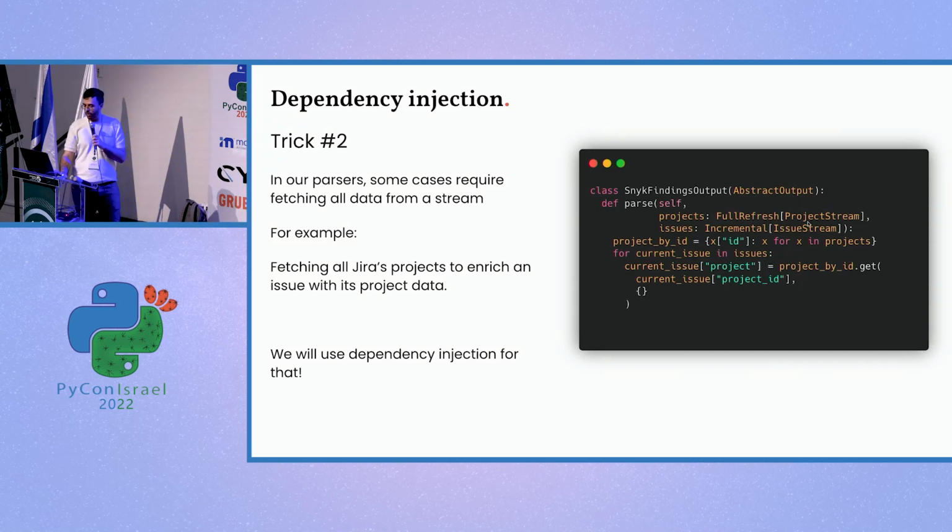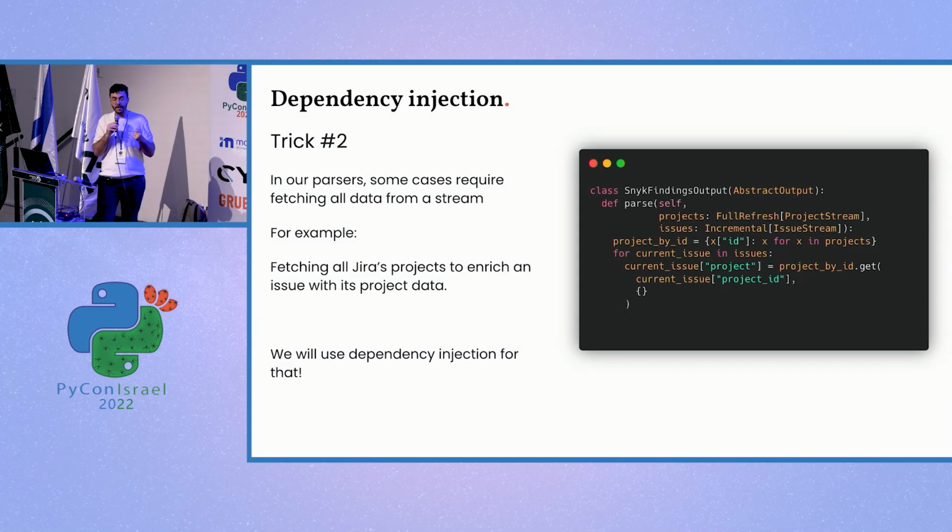And for issues, I want only the new, incremental data, using the issues stream. When I run it by itself, I need to provide all these kinds of classes. But in real time, when I use this code with our CLI, we automatically understand the typing of this function. We fetch the data because we know that we got full refresh for the project and incremental for the issues.